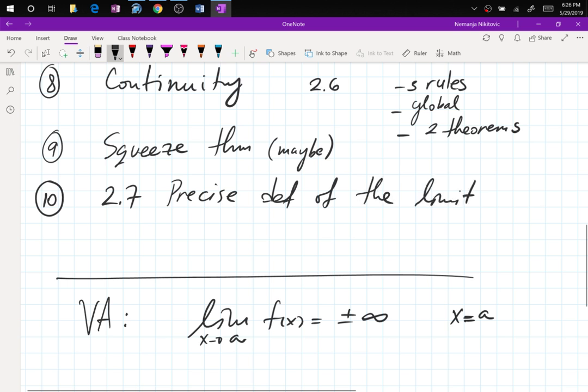The epsilon delta, right? So we are not doing proofs. It's not an honors option. The only proof you might encounter on this exam is to prove that something is continuous by using those 2 continuity theorems like we did in class.